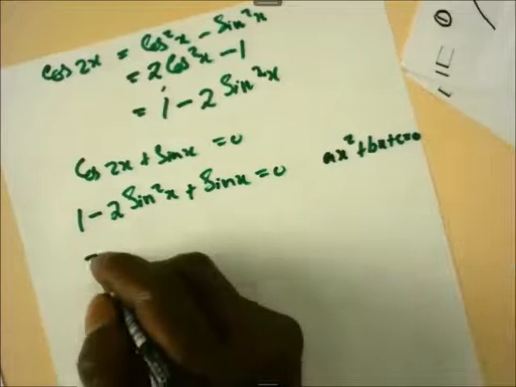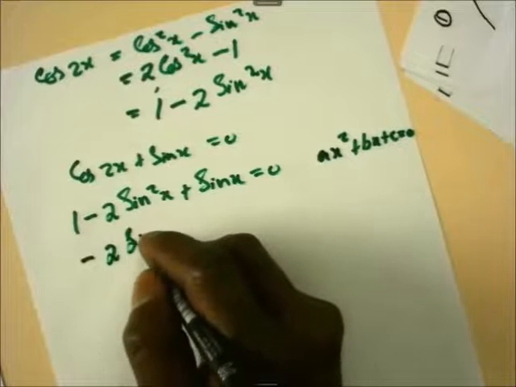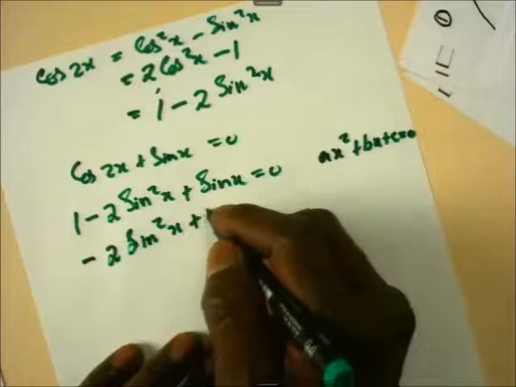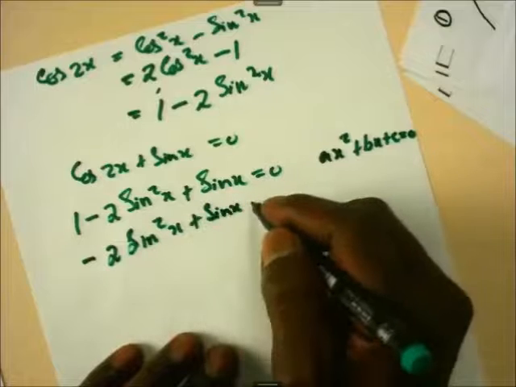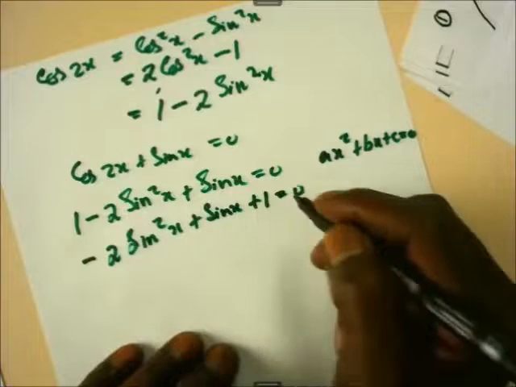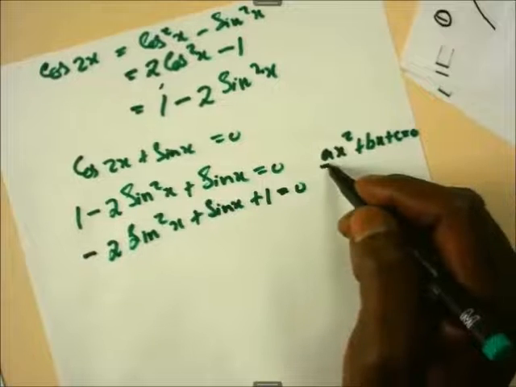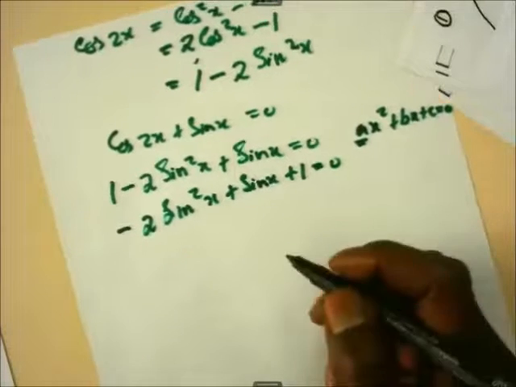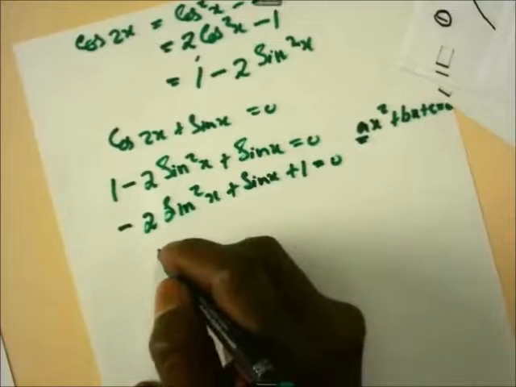Now I'll be having minus 2 sine squared x plus sine x plus 1 is equal to 0. You see, I don't like the value of a as negative, so I'll have to multiply throughout by negative 1.